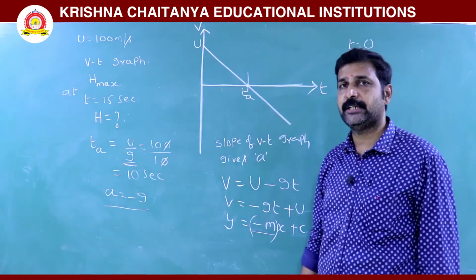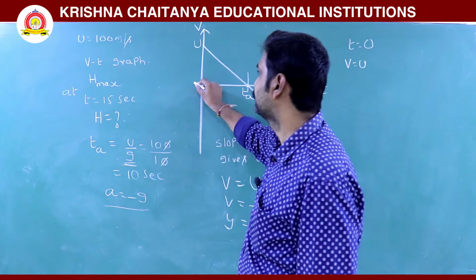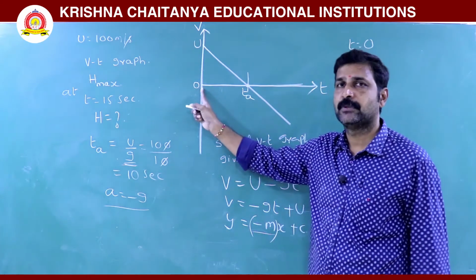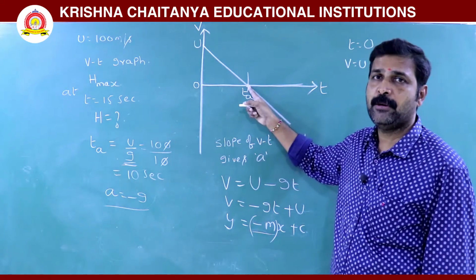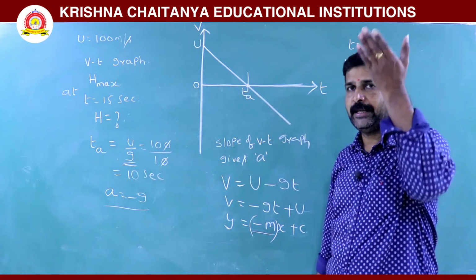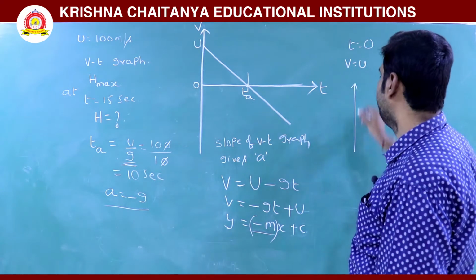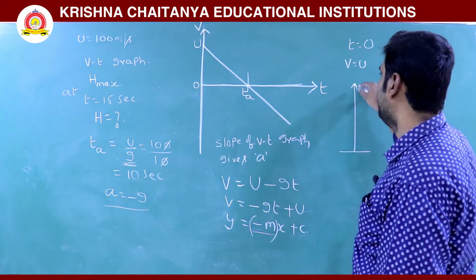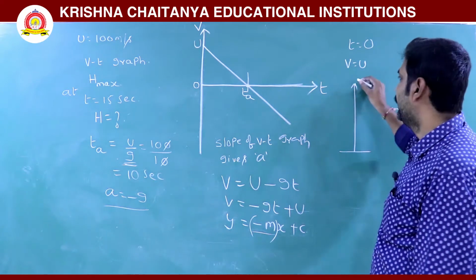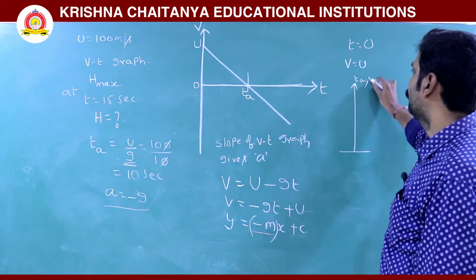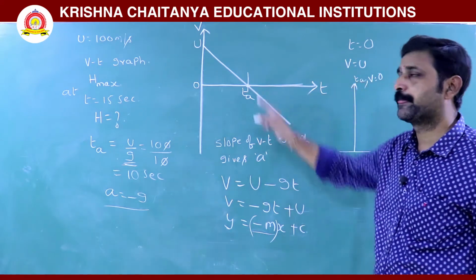From time 0 to the time of ascent, the body moves upward, and here the body reaches maximum height, and this is the time of ascent where the final velocity is 0.